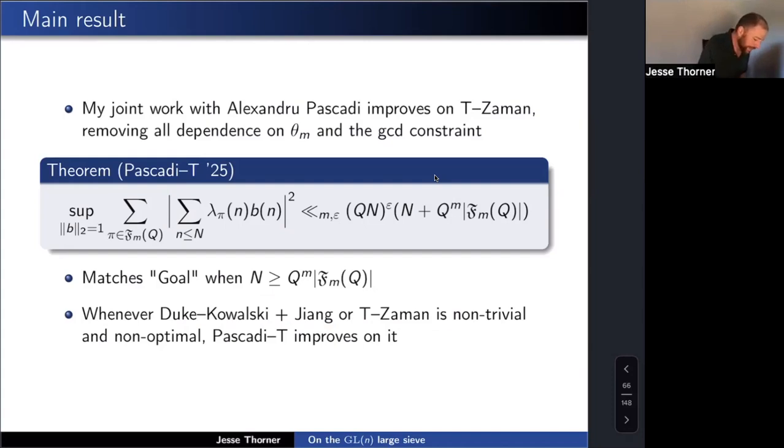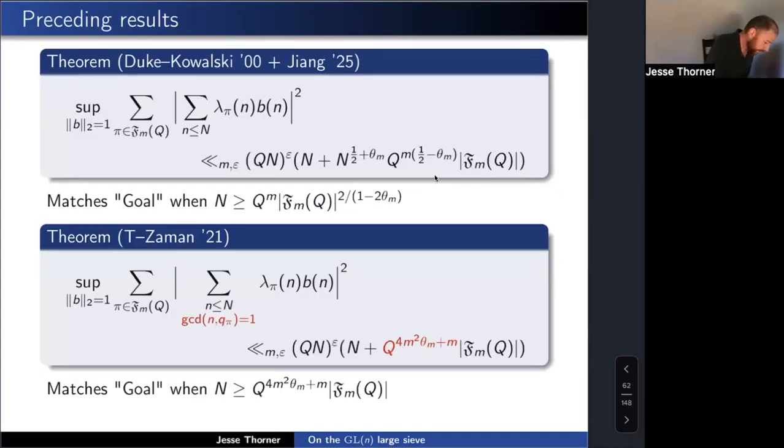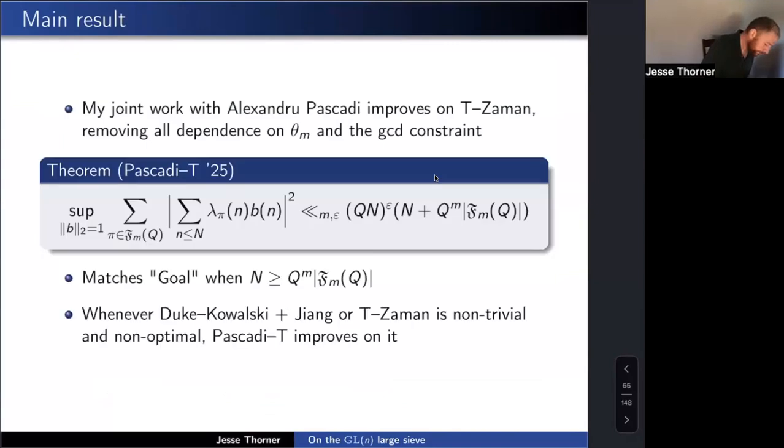In the event that N is suitably large, then either of these results is optimal. But let's assume that we're non-trivial and N is not so large that either of these results is optimal, right? So N is smaller than this or smaller than this. Well, whenever they're both non-trivial and non-optimal, our new theorem gives an improvement.